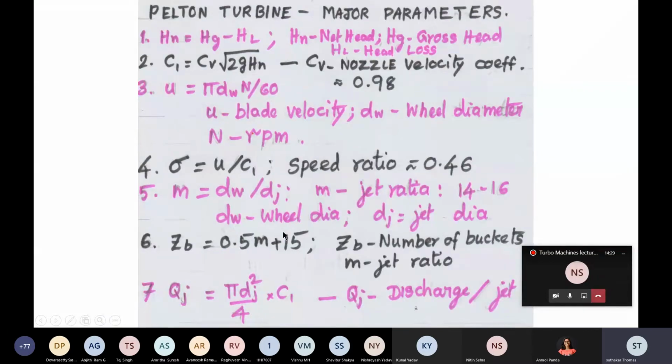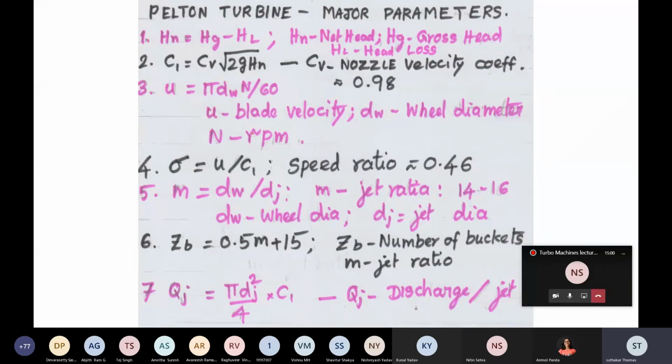Okay, the next one, a numerical problem. This is about major parameters in a Pelton turbine. I've listed some parameters, and the first one is the head H net. For all turbine calculations, it is the net head we have to consider. Net head is equal to Hg minus HL, where Hg is the gross head.